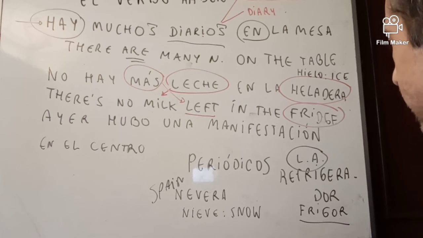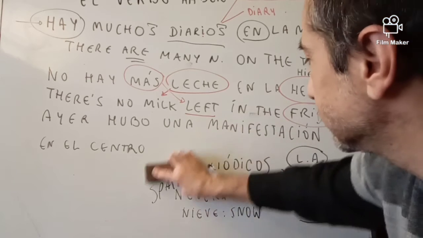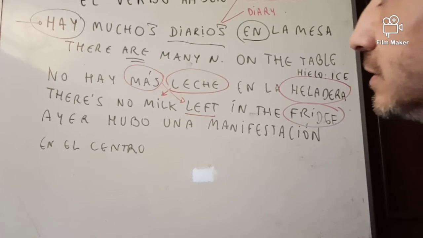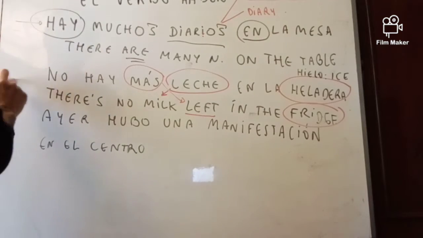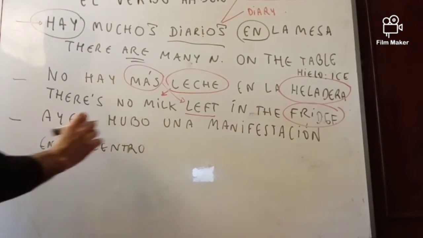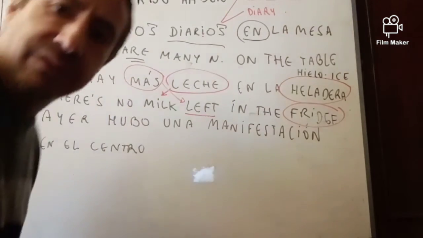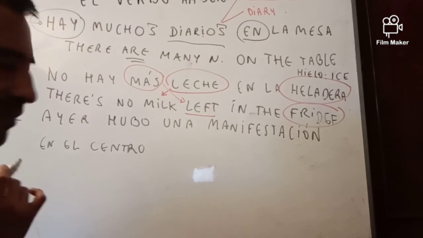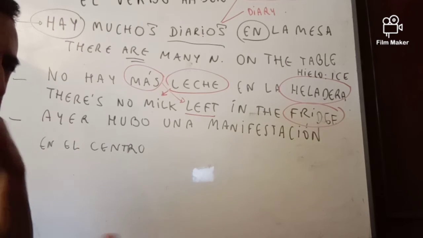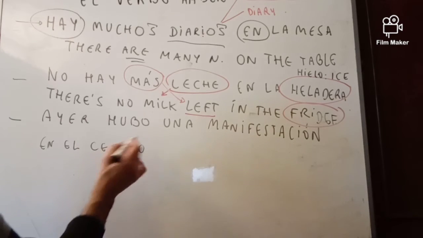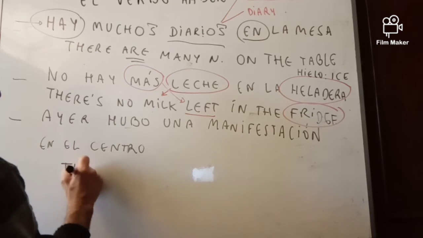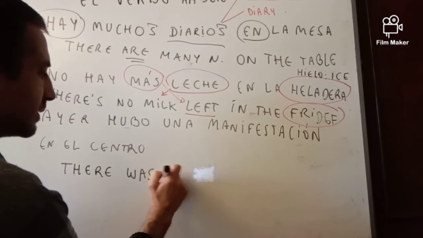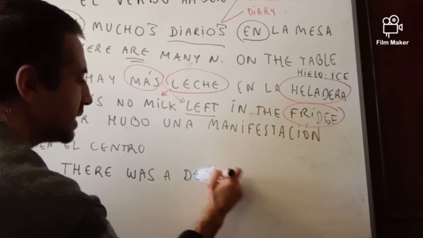Let's see this other example. The third one. Ayer hubo una manifestación en el centro. Do you remember the meaning of ayer? Let's change the order in English. Hubo, there was, because it's the past. There was a demonstration.